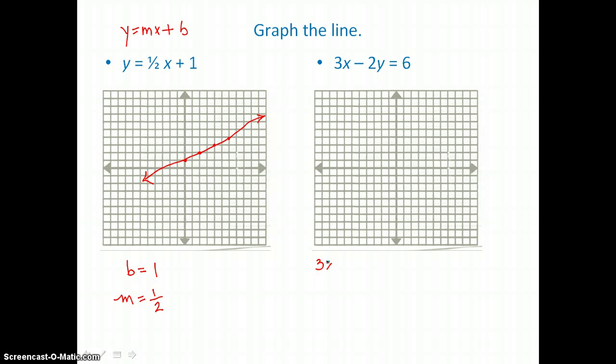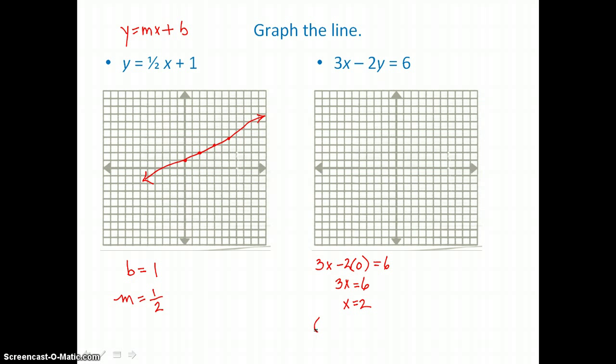So I've got 3x minus 2 times 0 equals 6. So 0 times -2 is 0, so I'm left with 3x on the left. 3x equals 6, and dividing both sides by 3, I find that I have an x-intercept of 2.